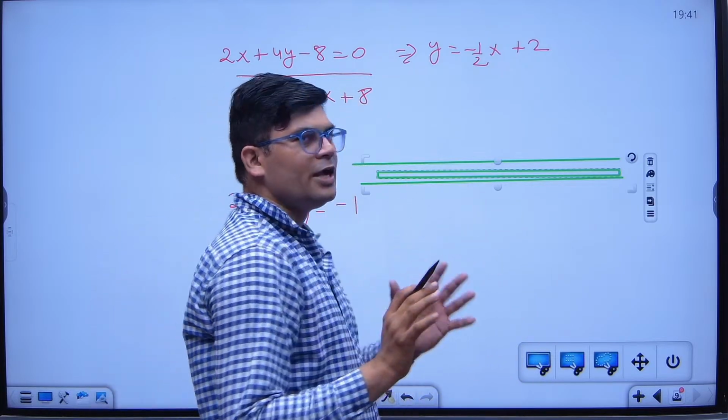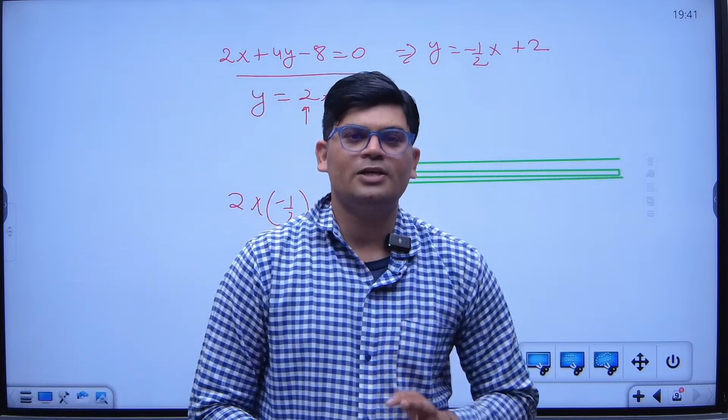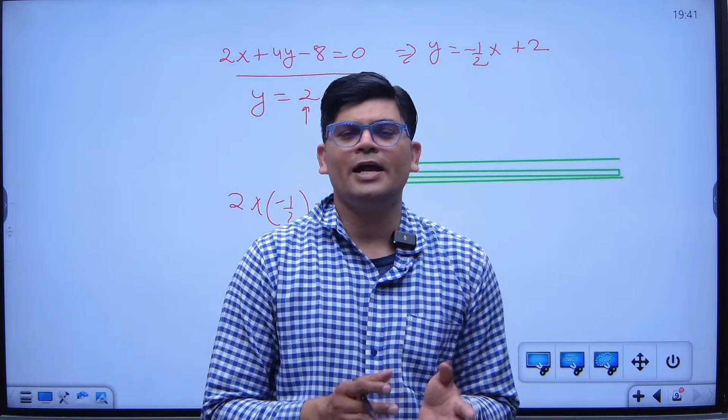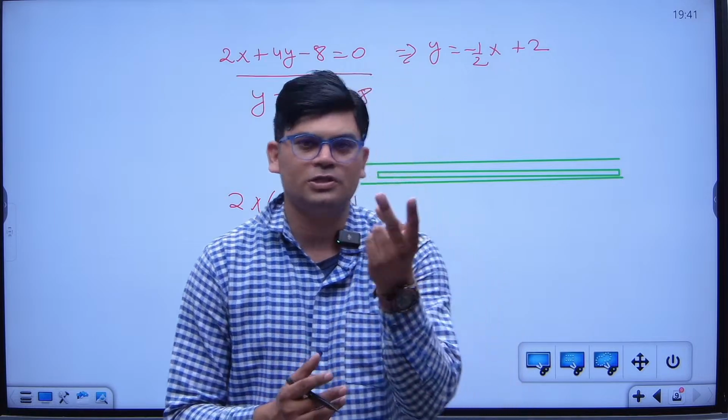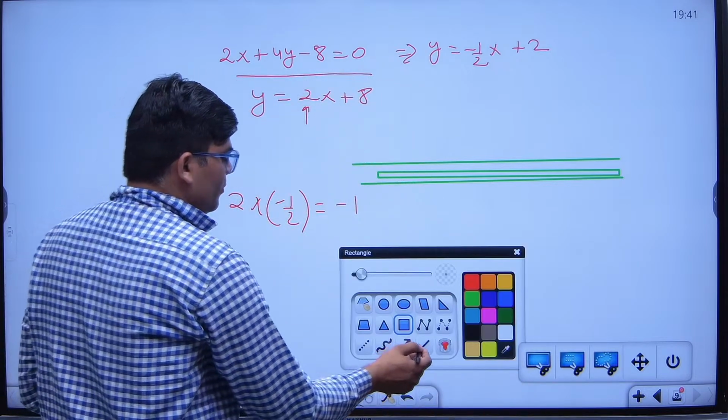So there are only 3 kinds of straight lines. How many kinds of straight lines? 3 kinds. Actually there are 2 only. The third kind is not 2 straight lines, only a single straight line. So the lines can be parallel to each other.